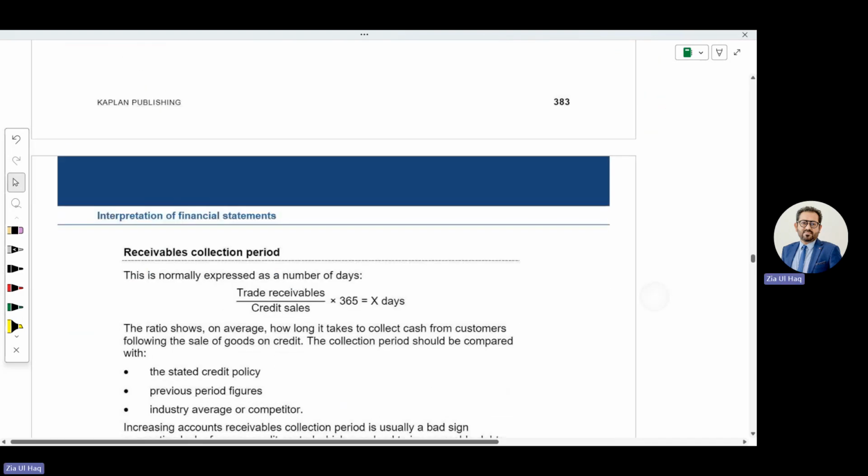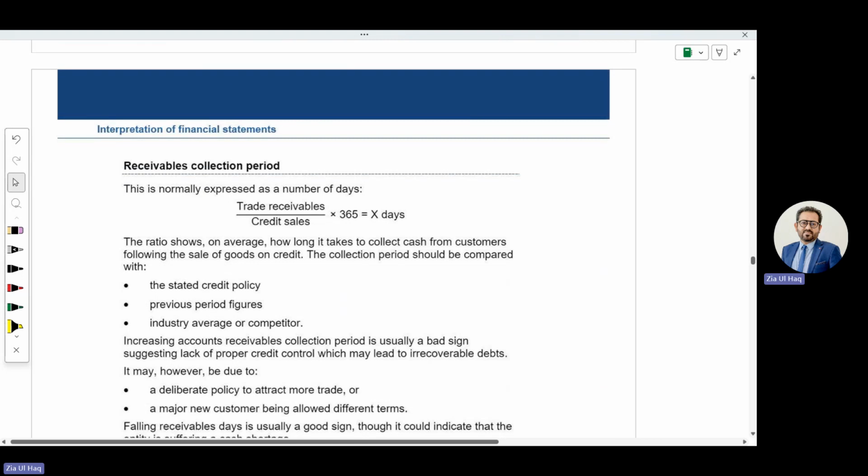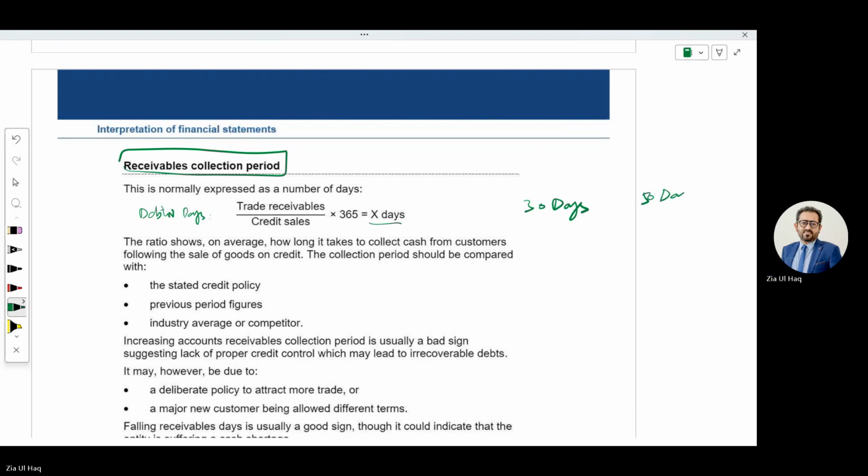What are the other efficiency ratios? Debtor days, also called receivable collection period. How can we calculate receivable collection period, also called debtor days? Trade receivables over credit sales into 365. And the answer will be in days, like 30 days or say 50 days.